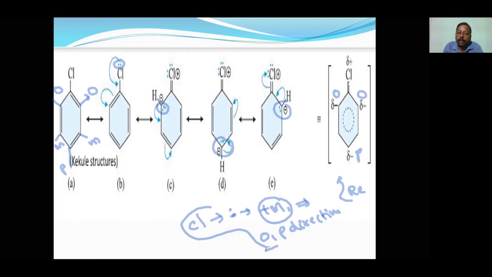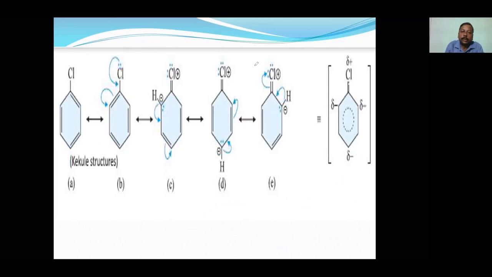All plus M groups are OP directing, and because of them electron density on the benzene ring increases. These are the two things you will remember. Mesomeric effect, if it is plus M, electron density increases and the next coming group will attach itself at the ortho and para positions because of the more electron density at that position. Okay. Now let's see the next slide.